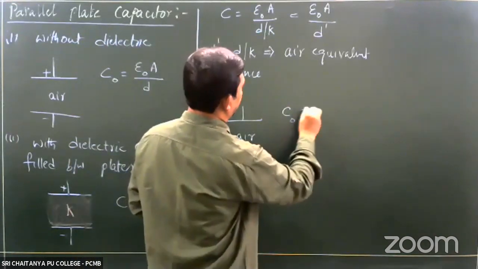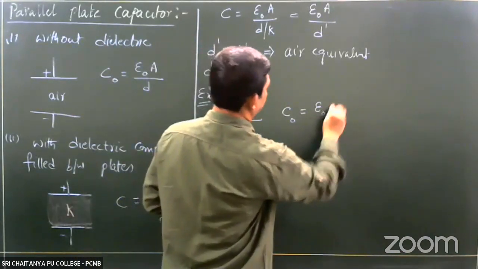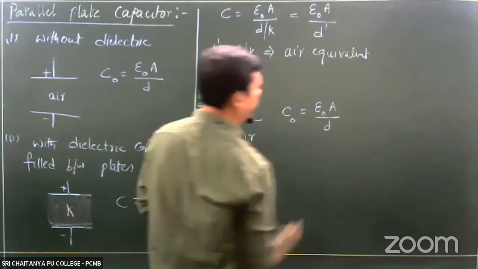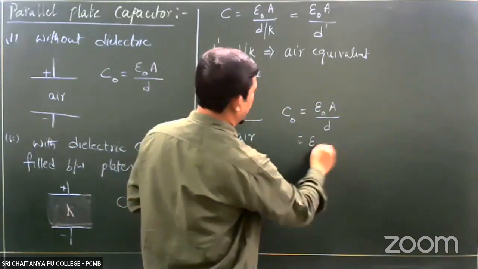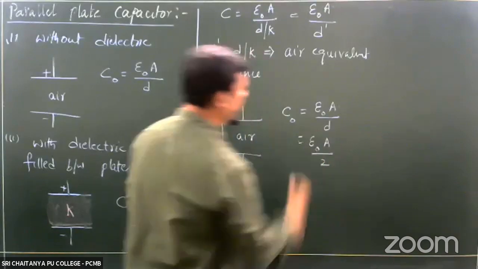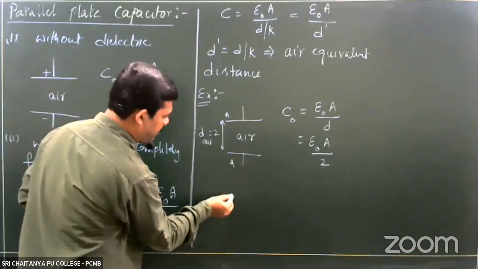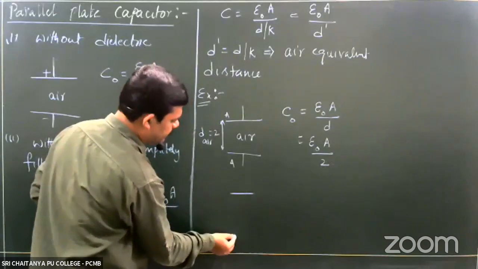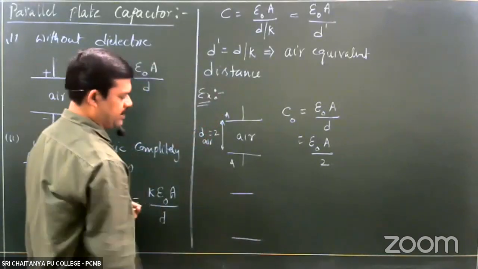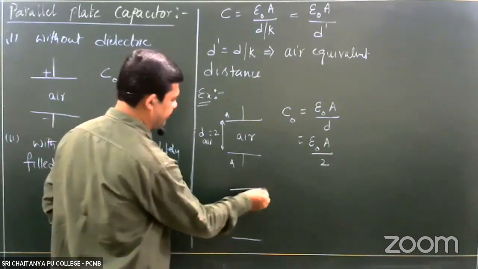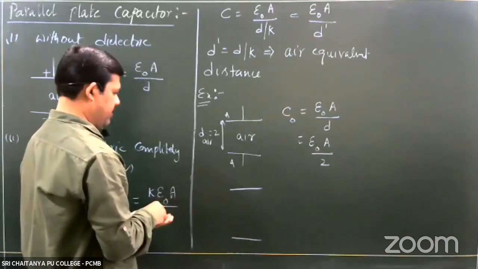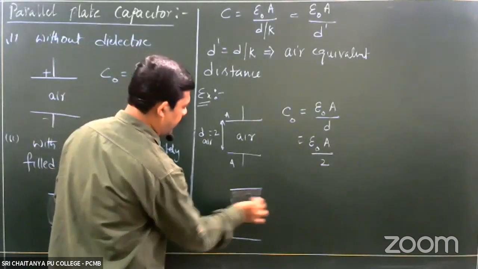If I ask the capacity, it is epsilon naught A by D, epsilon naught A by 2. Well, same plates, I increase the separation. I filled this gap.